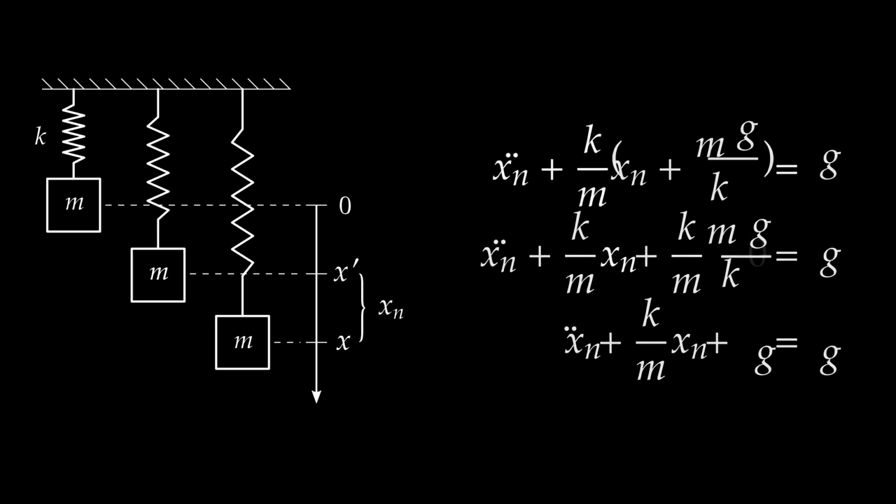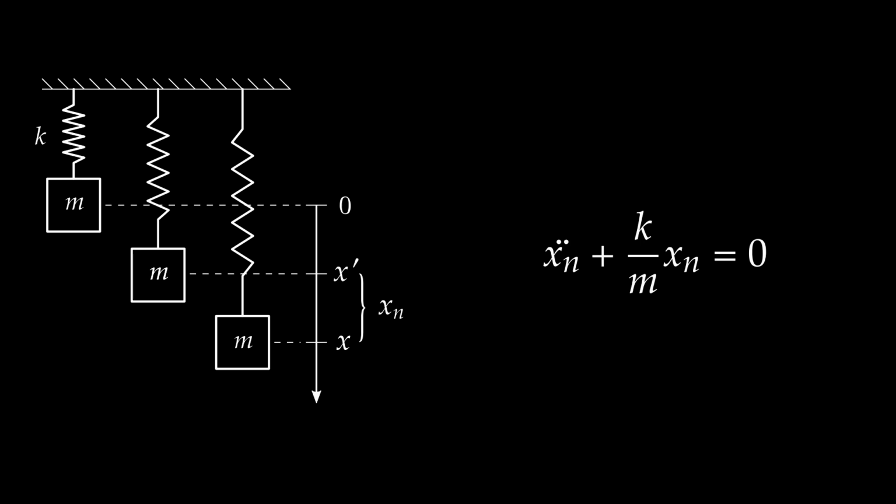Now that was all a bunch of mathematical rigmarole to prove a very simple idea, which is this. In vertical harmonic oscillation, or indeed in any situation where a harmonic oscillator is subject to a constant external force, because gravitational force is constant, it does not oscillate around the original equilibrium position.